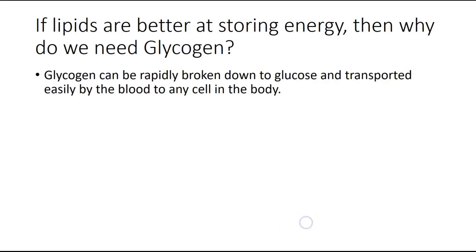Okay? Again, lipids are better than glycogen. We just talked about lipids being less massive and providing us 2 times as much energy. The benefit of glycogen, and the reason we do need it, is that glycogen is a polysaccharide we absolutely can't live without. It doesn't afford us long-term energy storage, but it does provide short-term energy storage.